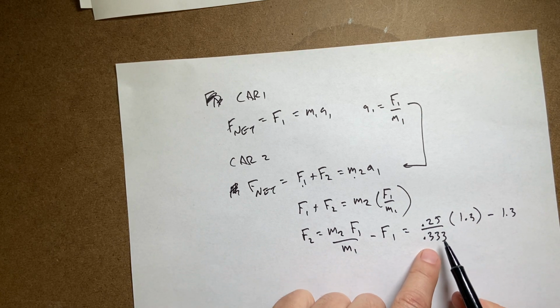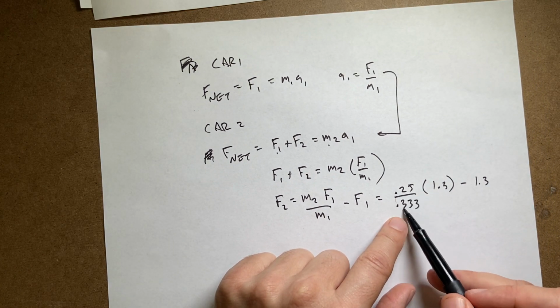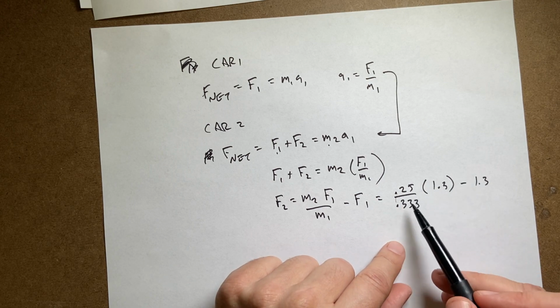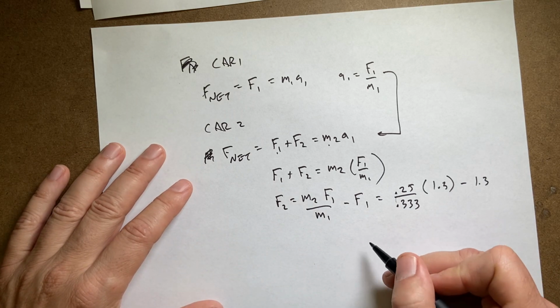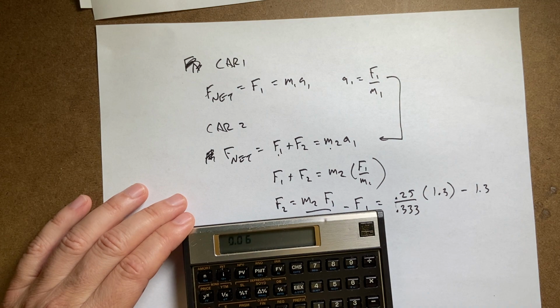You'll notice something kind of important: this fraction is going to be a number less than 1, so this is going to be less than 1.3, so we're going to get a negative number. And in fact, that's going to make sense. But let's go ahead and calculate what that would be. Let's put it in my calculator right here. Clear.